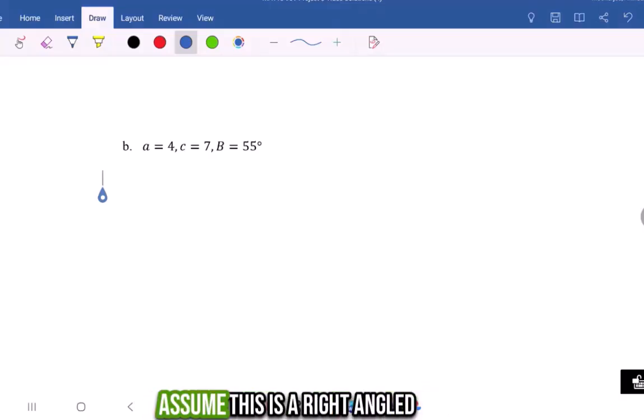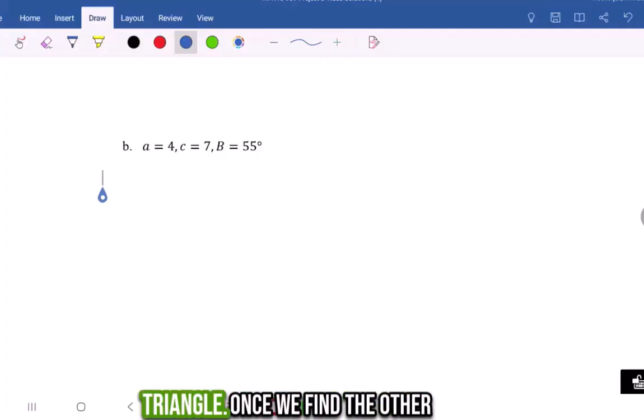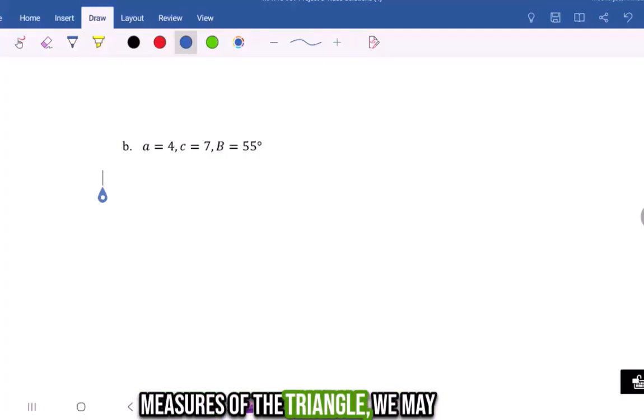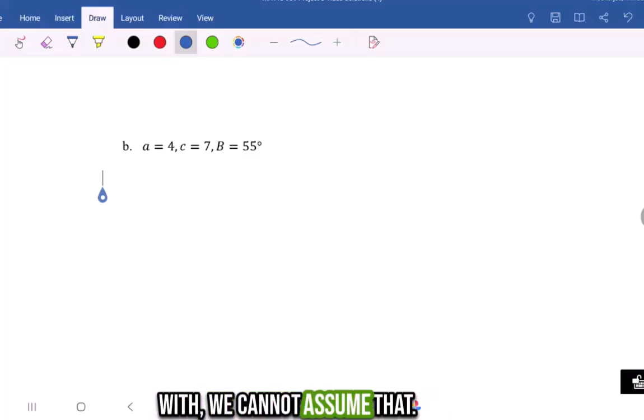Now, we cannot assume this is a right angle triangle. That information is not given in the question. We have to start by assuming it is an oblique triangle. Once we find the other measures of the triangle, we may come to the conclusion it is a right angle triangle, but to begin with, we cannot assume that.